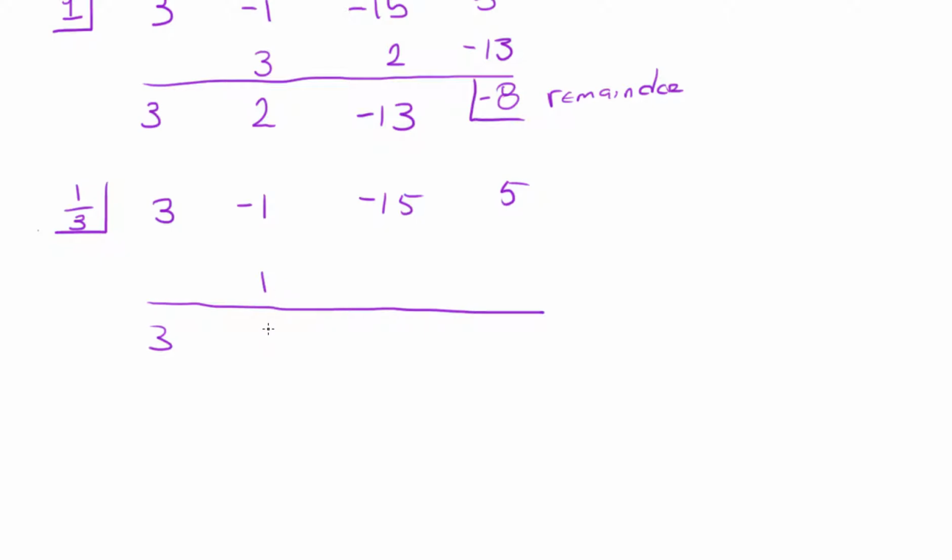Negative 1 plus 1 is 0. 1/3 times 0 is 0. Negative 15 plus 0 is negative 15. 1/3 times negative 15 is negative 5. And 5 minus 5 is 0. Okay? So we found a 0. And that helps us for the solution of this function.